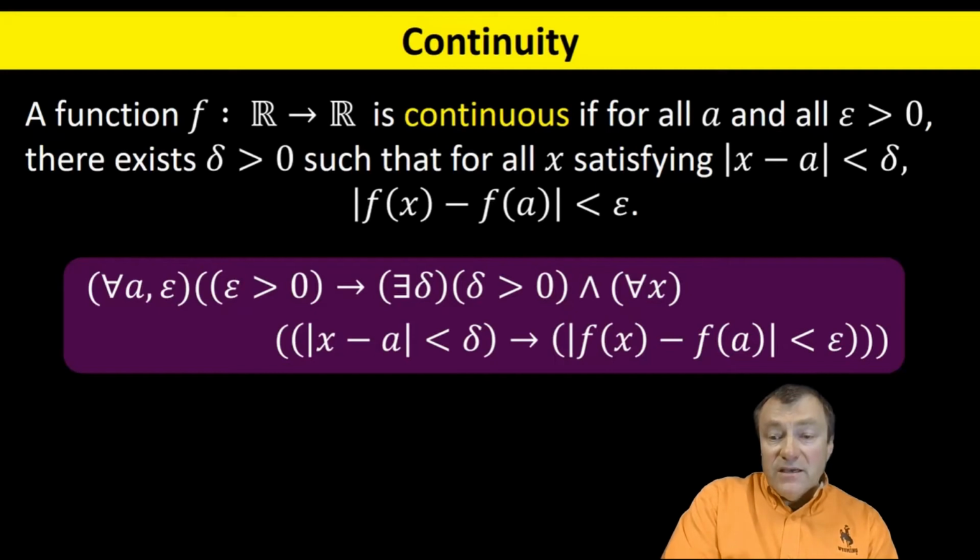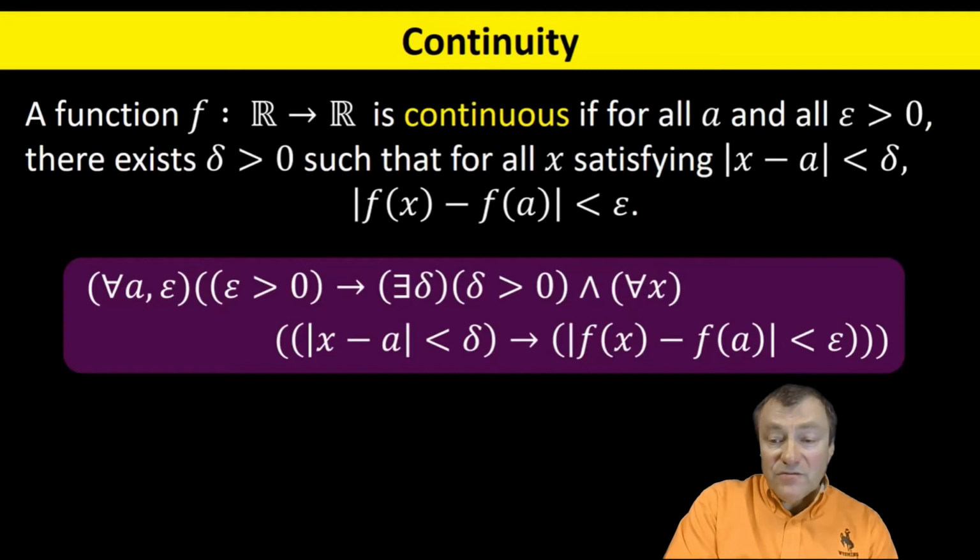You'll see that the definition starts with universal quantifiers for a and epsilon. Then there's an existential quantifier for delta, followed by another universal quantifier for x. These quantifiers can be moved to the front of the statement, but we need to keep them in this same order.